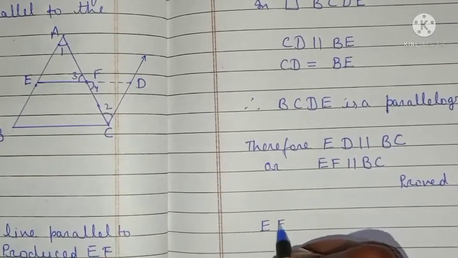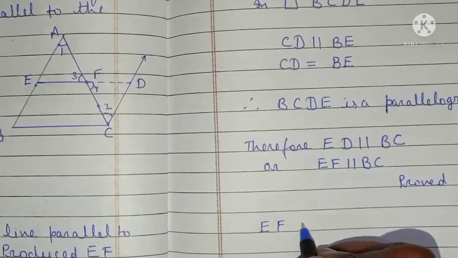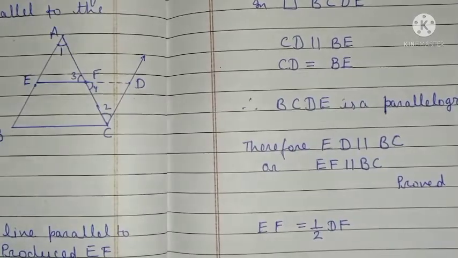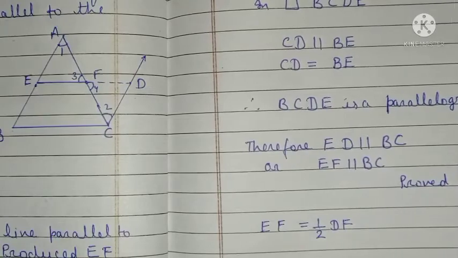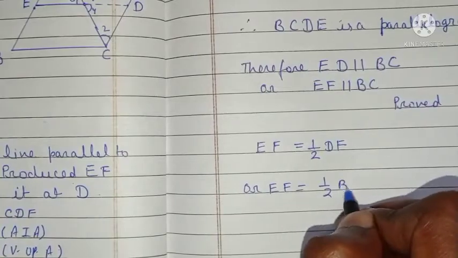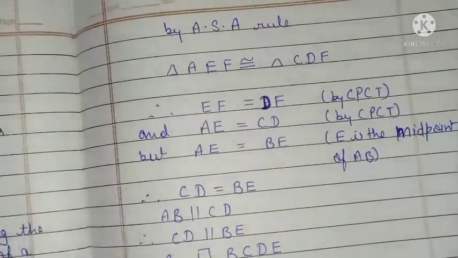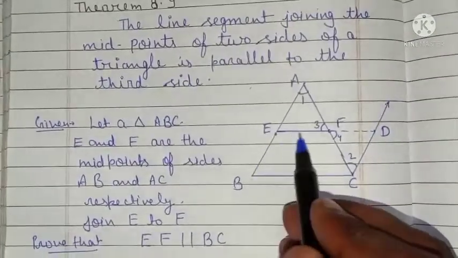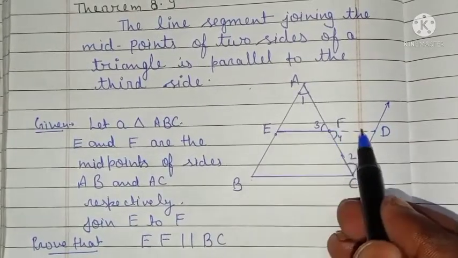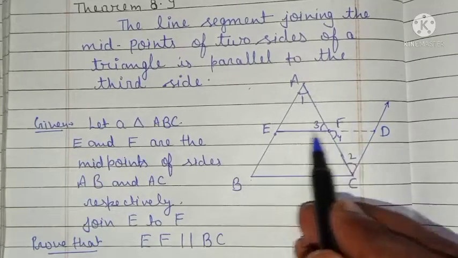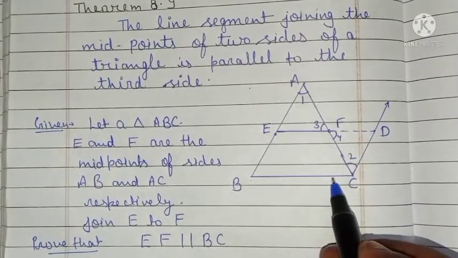Here another important result is EF equals half of BC. Here, EF equals DF, so F is the midpoint of ED, and ED is parallel to BC.